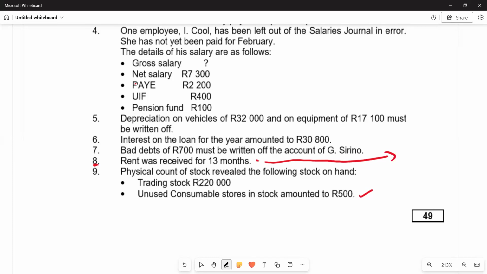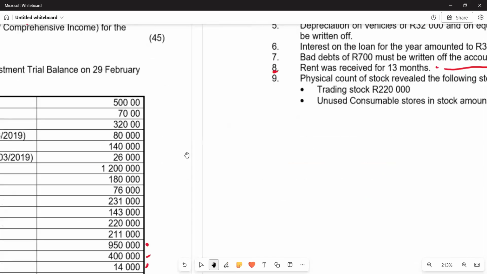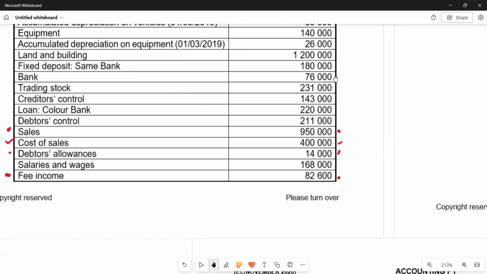That's an income that we received in advance. It's a prepayment of an income that we need to remove from the figure that we have, so that we are left with the rent income for the current period only, which represents 12 months. So what we are saying is the amount that we are having in the list of balances is for 13 months, which is our rent income.